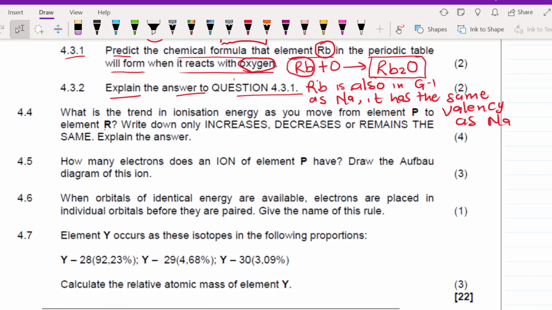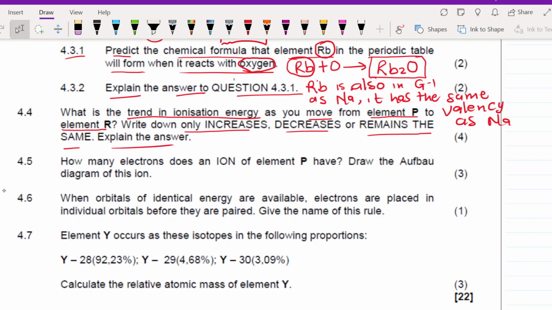So 4.4 now said, what is the trend in ionization energy as you move from element P to element R? Write down only increase, decrease, or remain the same. Explain the answer.